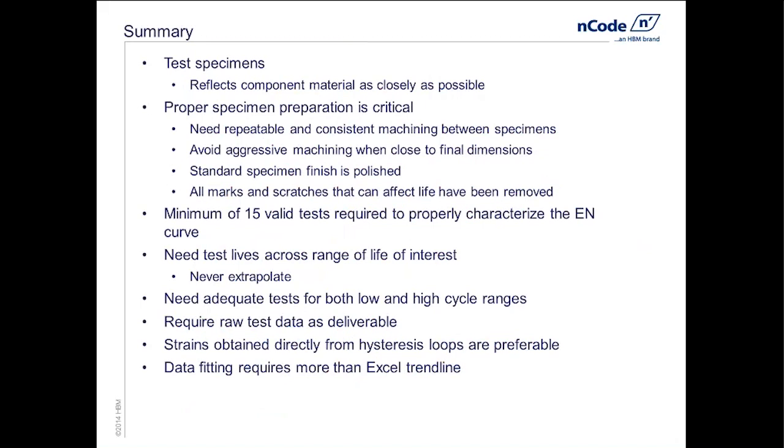Again, the test specimens. We want the specimens to be made of material that as closely as possible represents the material of our part: composition, microstructure, heat treat. The preparation of the specimens is critical.